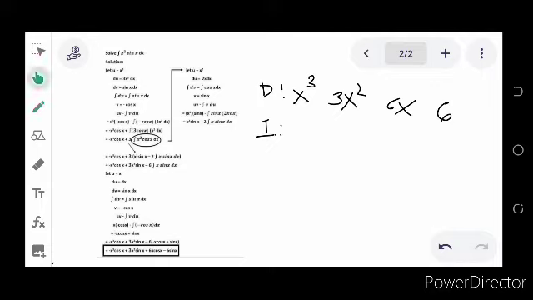Next, you integrate the trigonometric function. So, trigonometric function is sine. So, integral of sine, so you integrate now. Integral of sine is negative cosine x. Next, you integrate now. Integral of negative cosine is negative sine x.